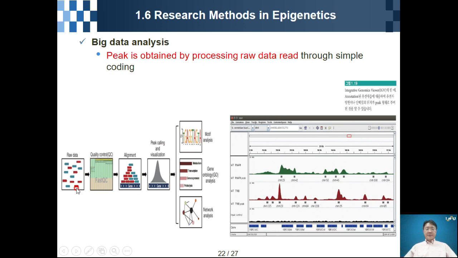Some regions are red and some regions are blue. They align these regions with the genome, and by using simple coding, this peak is obtained by processing the raw data reads. So some genome regions are methylated like this.